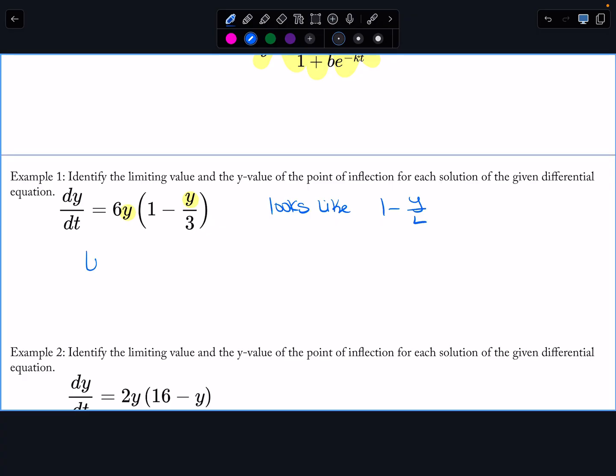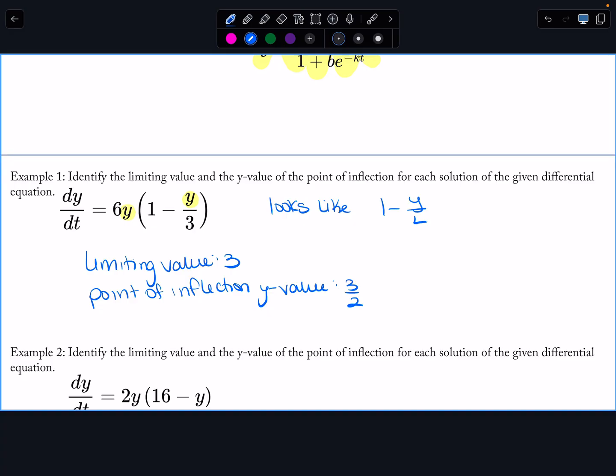So what's my limiting value? My limiting value is 3, and my point of inflection y value is 3 over 2. That's it.